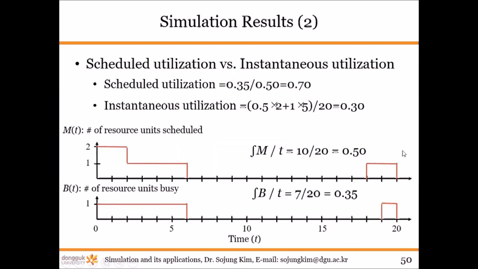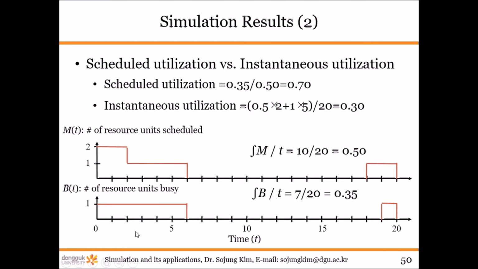So let's look at the definition, the difference between the scheduled utilization and instantaneous utilization. Good. So here's the graph of M(t), which gives you the number of resource units scheduled, so it's a capacity, in other words, and B(t) is the number of resource units busy, so number busy, okay? So, right.